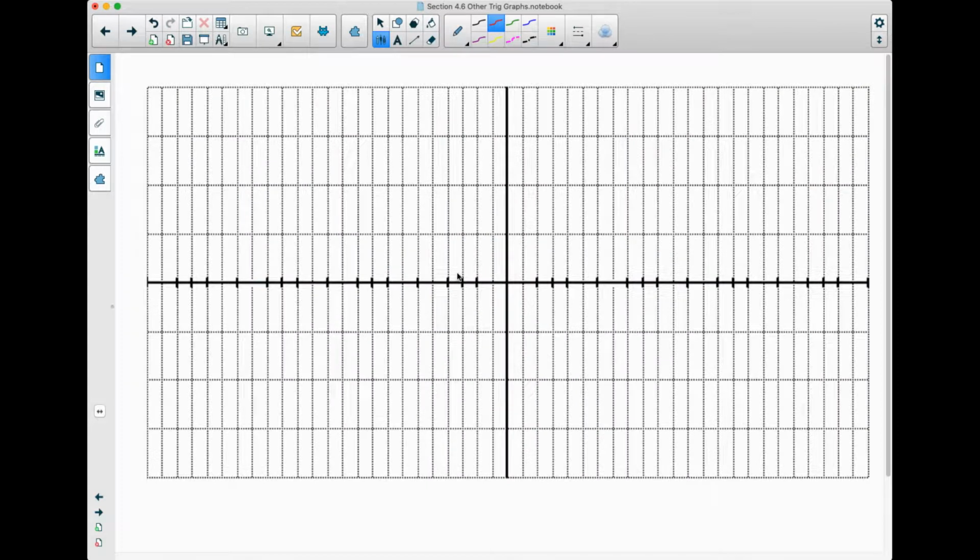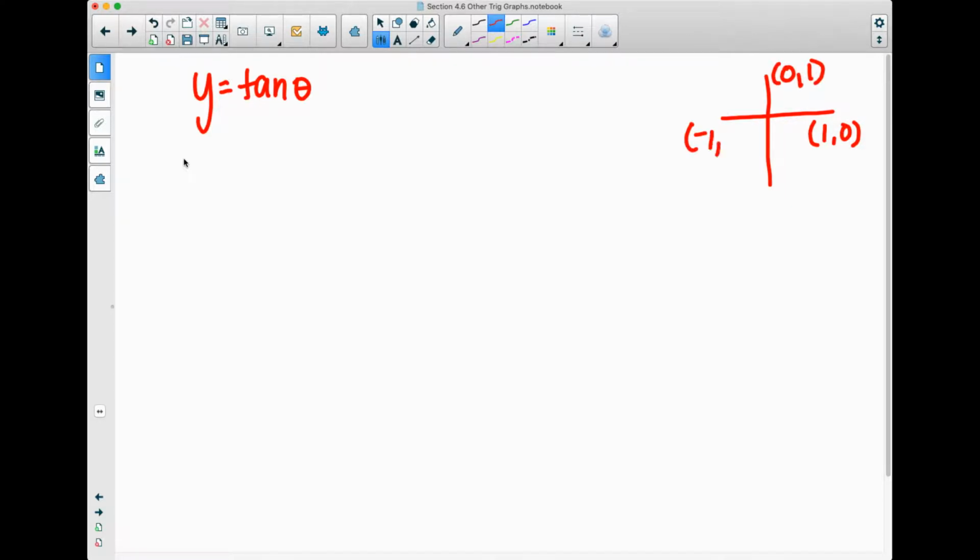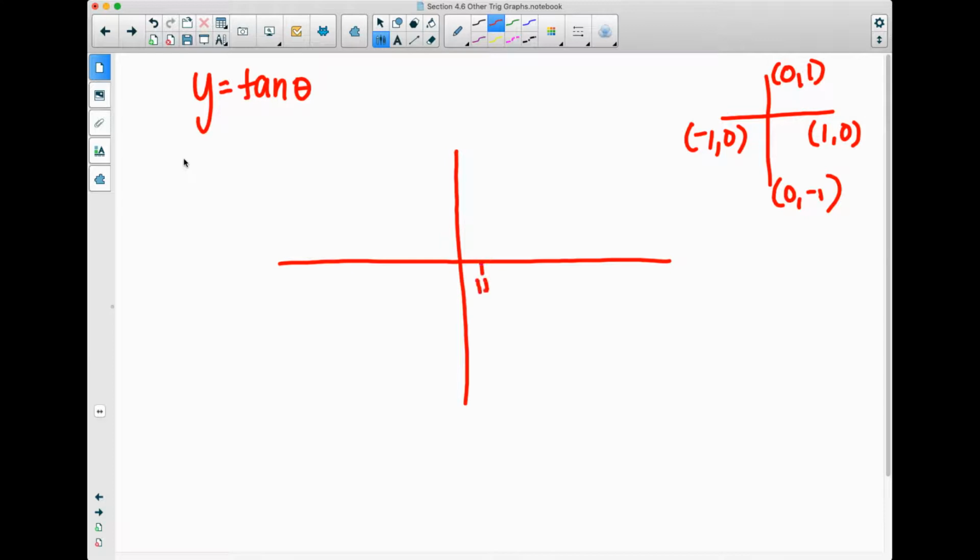Okay, so let's do the tangent graph. Set up your x-axis the same way we've been doing it.